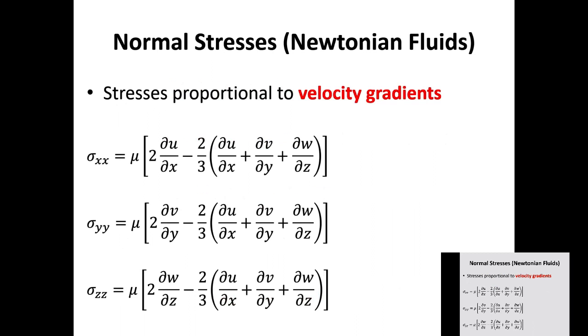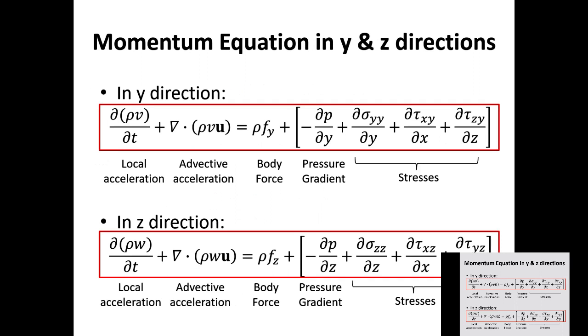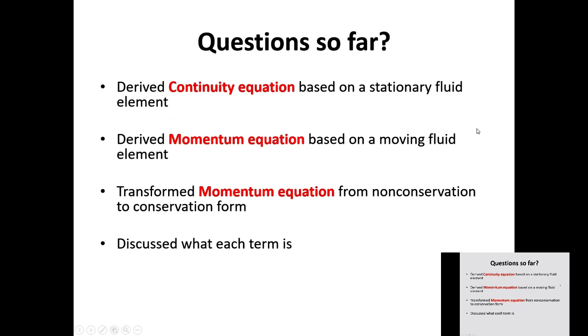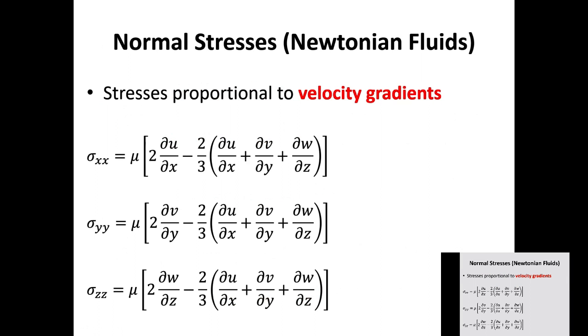So if you look at this equation, you have your stress term here. That's your normal stress, that's your shear stresses, right? In the Navier-Stokes equation, in the stress terms, these are sigma xx, sigma yy, sigma zz.